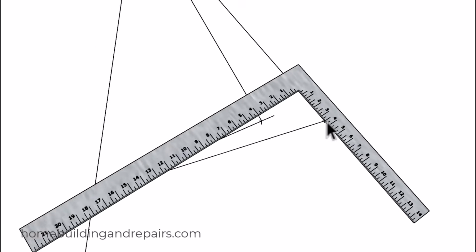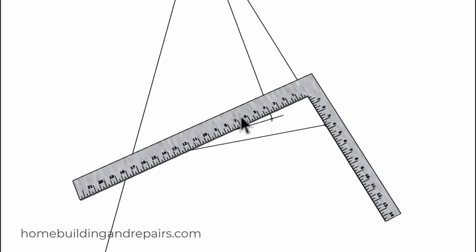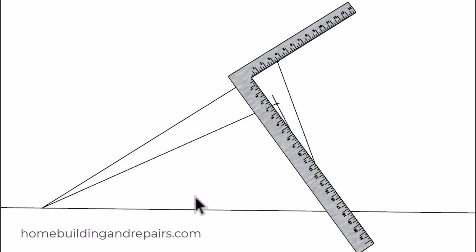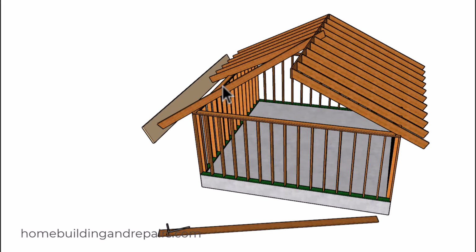So here's the angle that we need using our framing square. And if we go back to our original position where we started with this line here, it's going to look something like this. And in this example here, I took this board here with the mark I made on it and then laid it down here. Here's the top of the hip. Over here is the top of the hip. Here's the bottom of the hip.